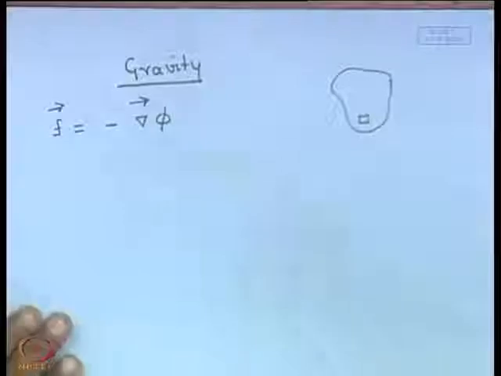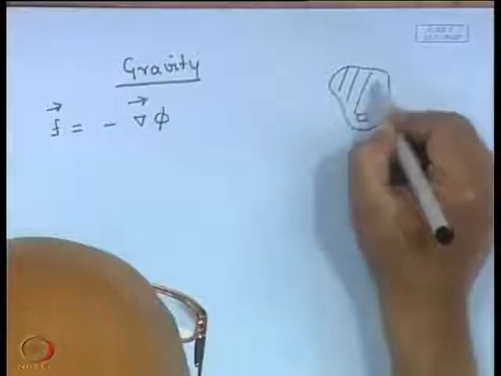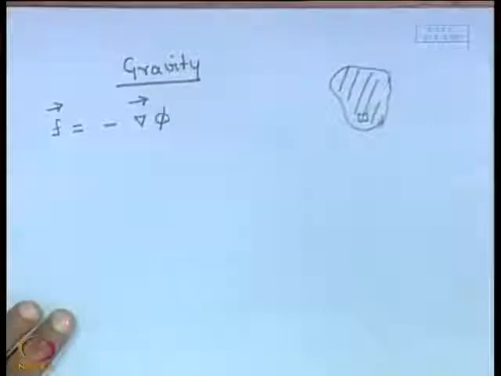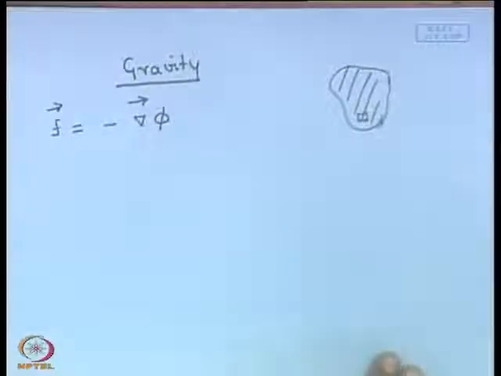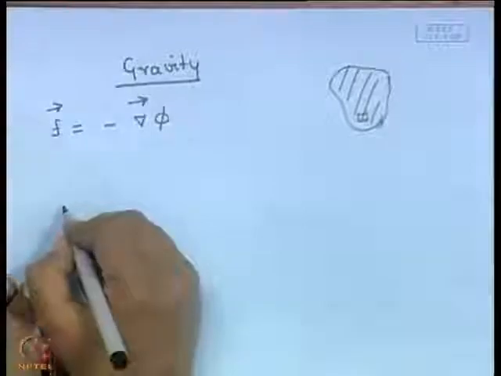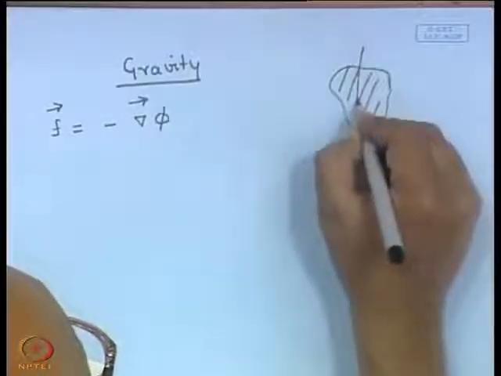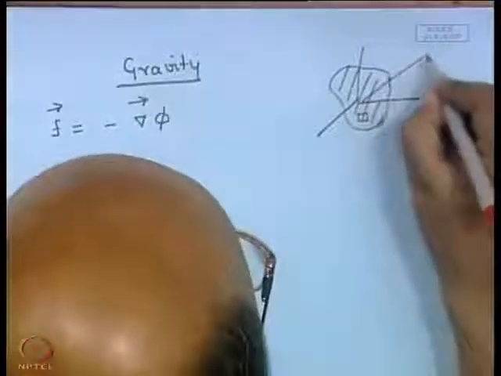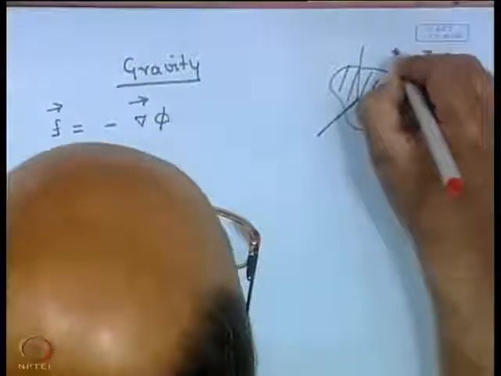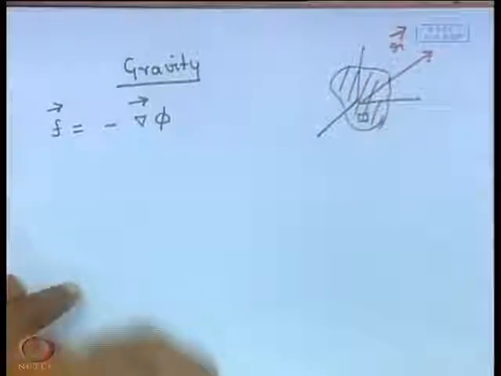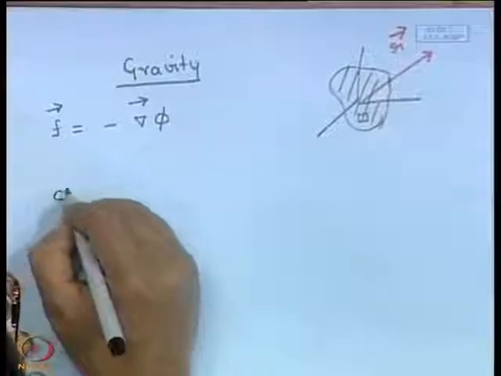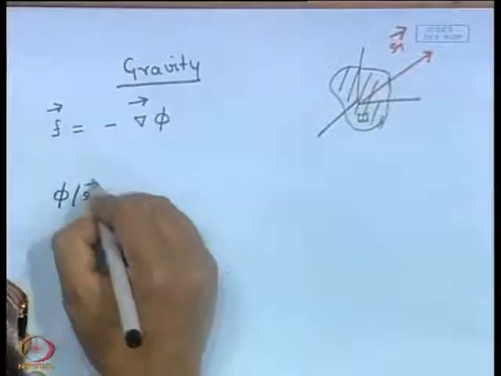Now, the second thing is, given the same mass distribution, it is going to produce a gravitational field. So I am interested, let us say, in calculating the gravitational field produced by this at some point r over here. So I am interested in calculating phi at some point r.